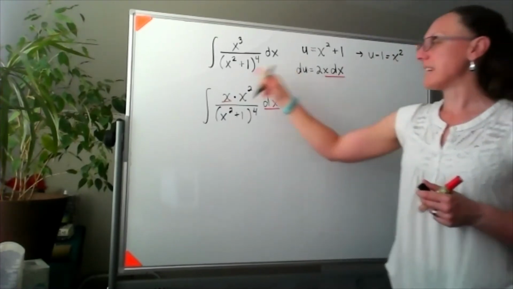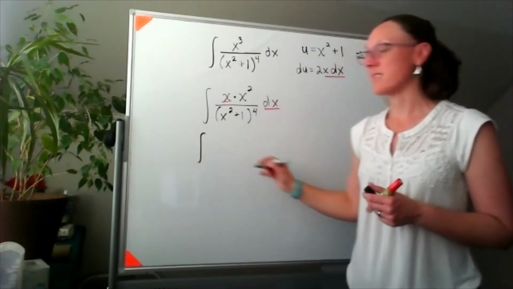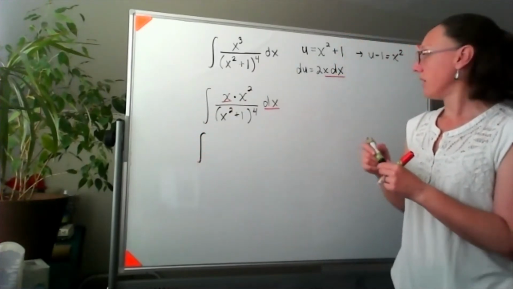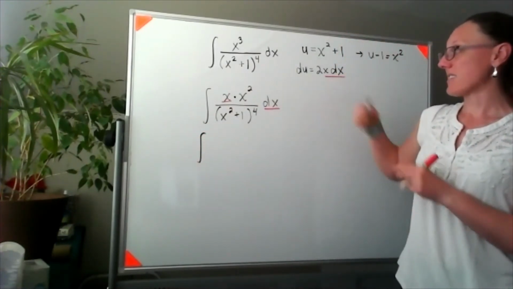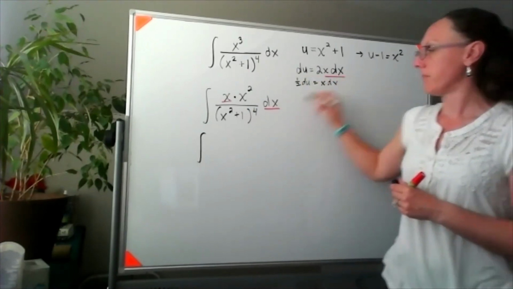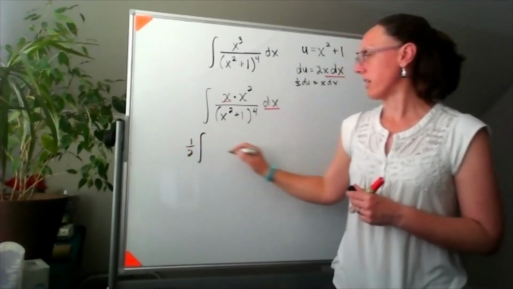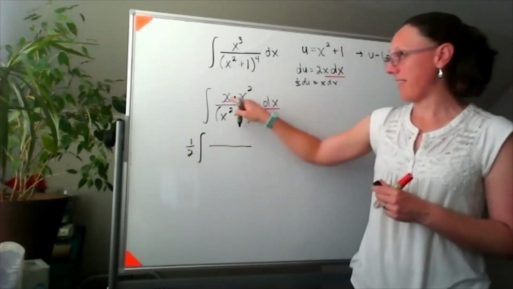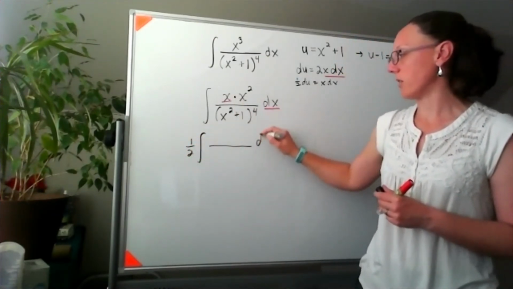And I can replace everything in this problem with something in terms of u's. My x dx would be 1/2 du. So I'll have a 1/2 out in front here. And the x dx will turn into du.